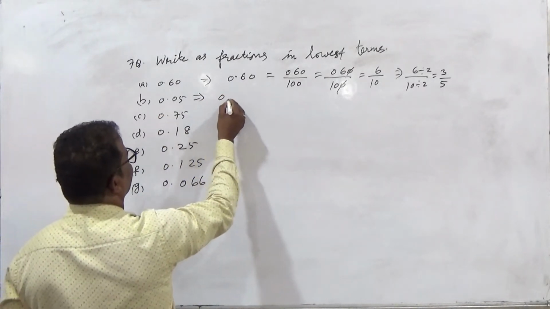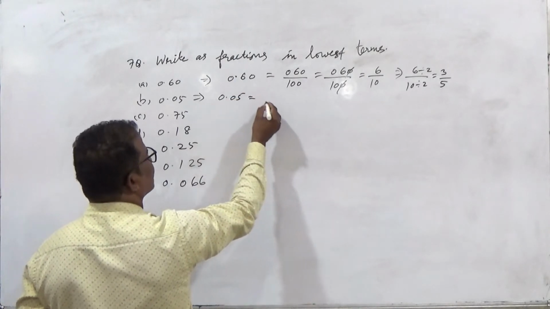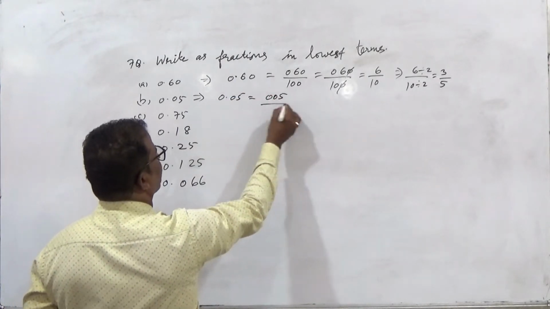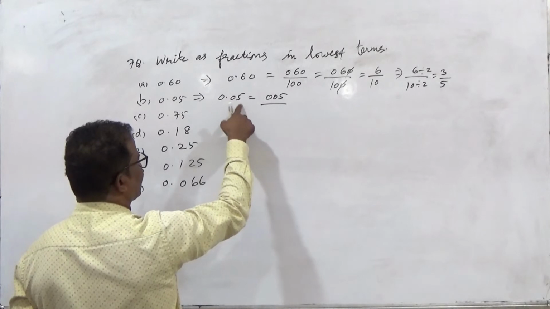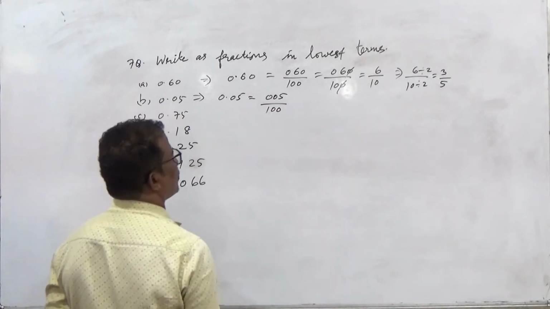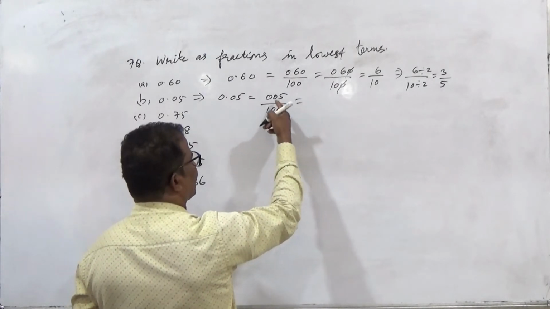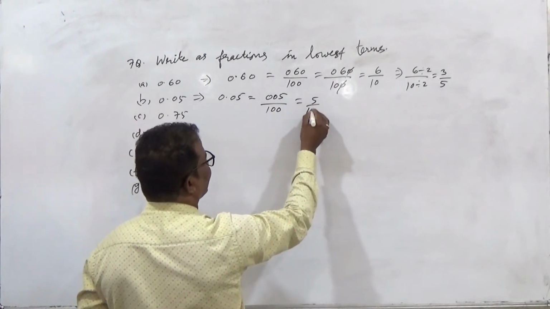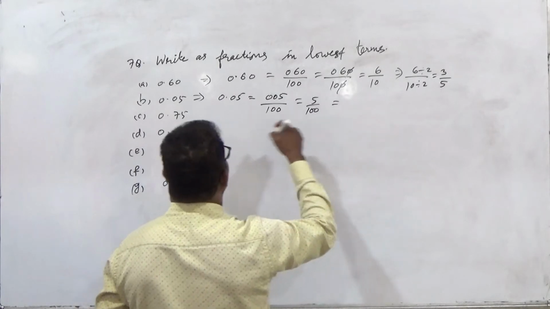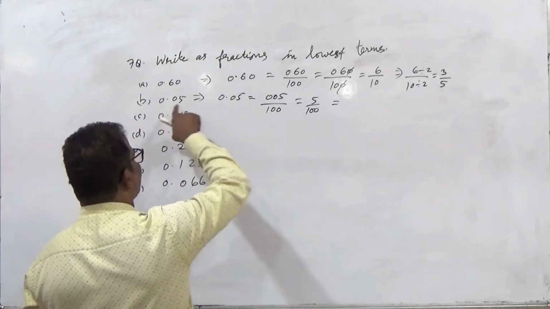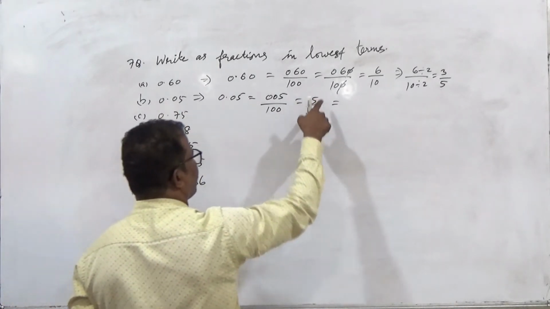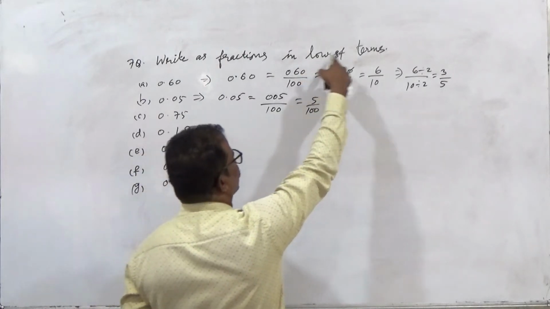Now see the second one, that is 0.05. For this also we can write 0.05 as 005 by, after the decimal 2 places are there means by 100. So again for this we can omit the zeros and write only as 5/100. Now the fractional form of this decimal number is 5/100. For this we have to convert into lowest term.